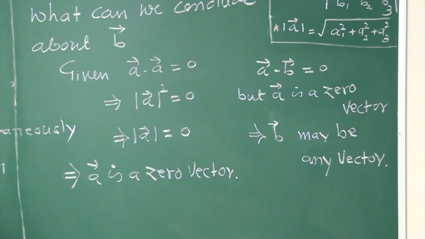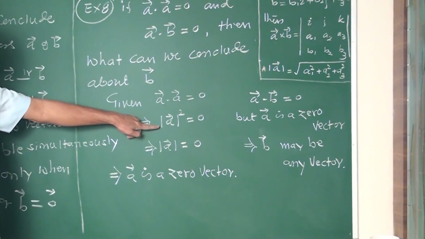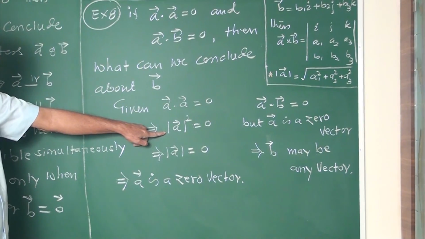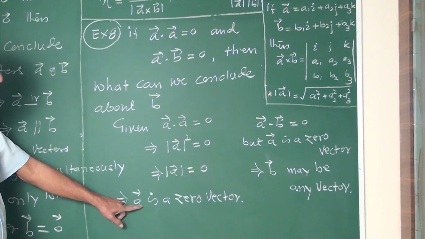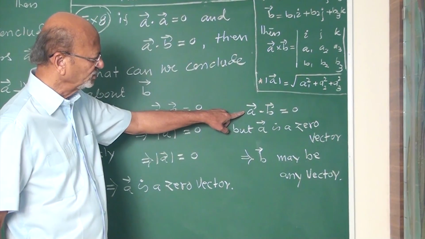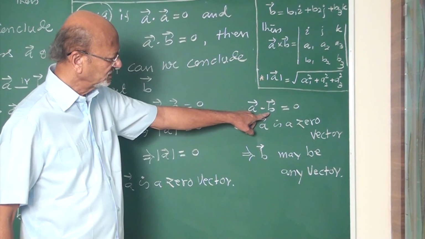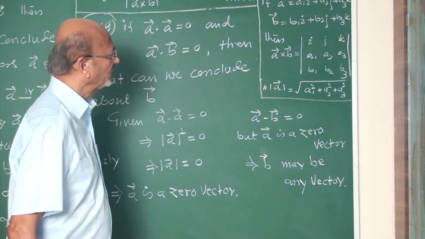Yes, my friends. In this case, what is the condition? A dot A is 0, A dot B is 0. A dot A means magnitude of A squared. When the magnitude is 0, it is a 0 vector. A dot B is 0, but A is a 0 vector. Then this B may be any vector.